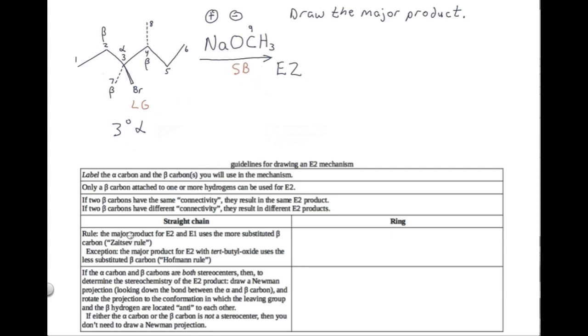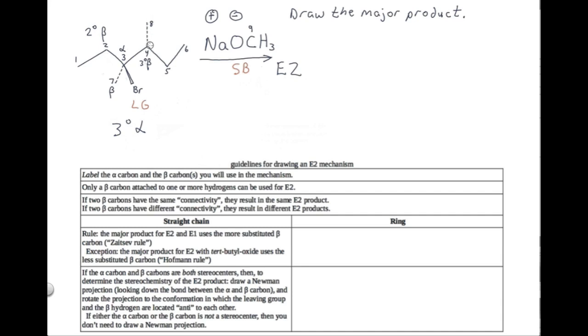So here's the rule for finding the major product for a straight chain. We're going to use the more substituted beta carbon. Well, notice that carbon 2 is a secondary beta carbon because it's attached to carbon 1 and carbon 3, 2 carbon chains. Carbon 4 is a tertiary beta carbon because it's attached to 3 carbon chains: carbon 3, carbon 5, and carbon 8.